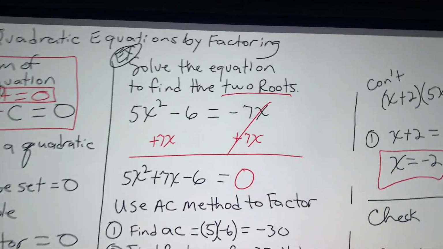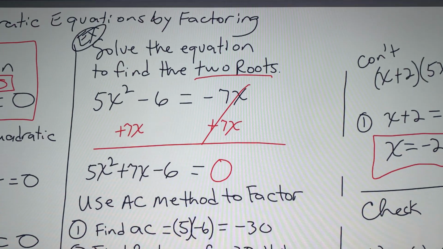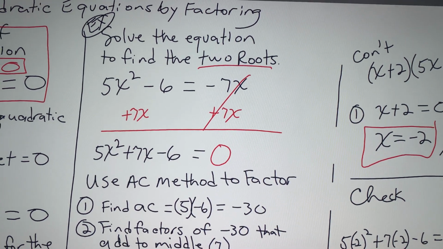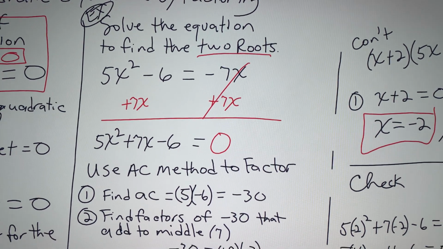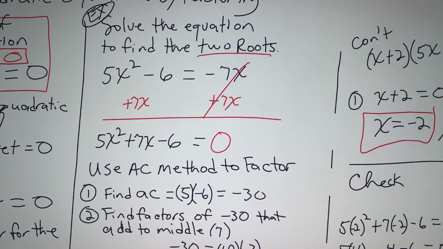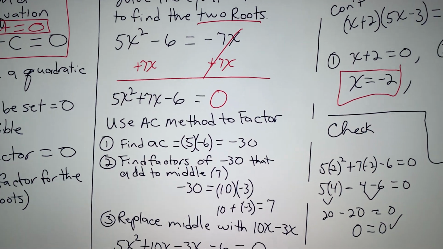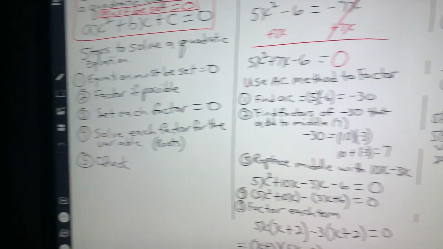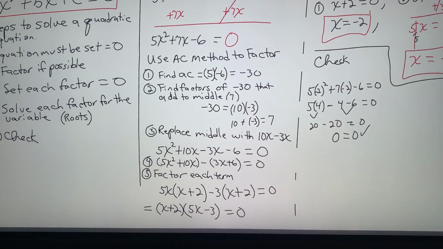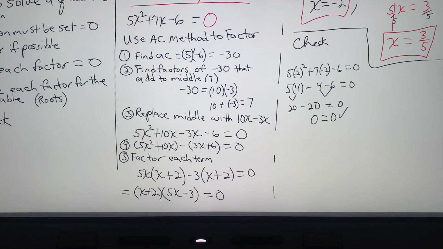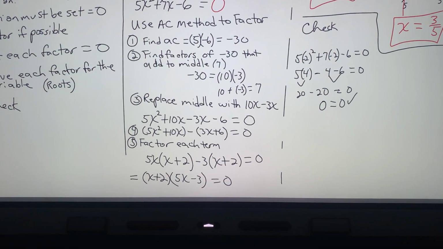So if we look at this first example, the equation was not set equal to 0, so we had to move the 7x across the equal sign to get it set equal to 0. Then we start to use the rules that were written there to solve this problem.